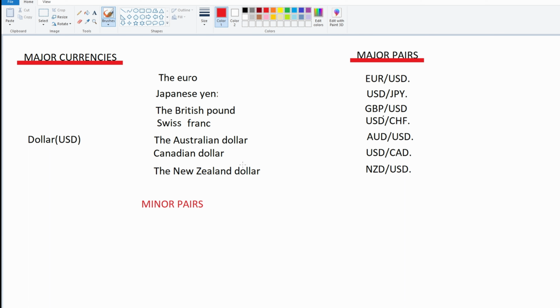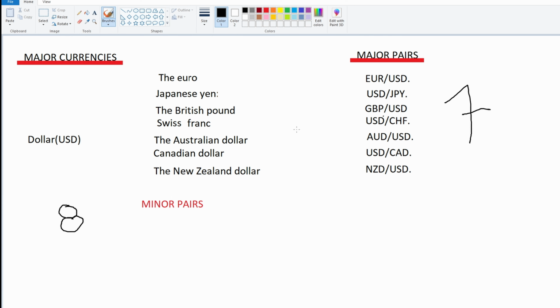Okay, and there are 7 major pairs. So there are a total of 8 major currencies, and a total of 7 major pairs.